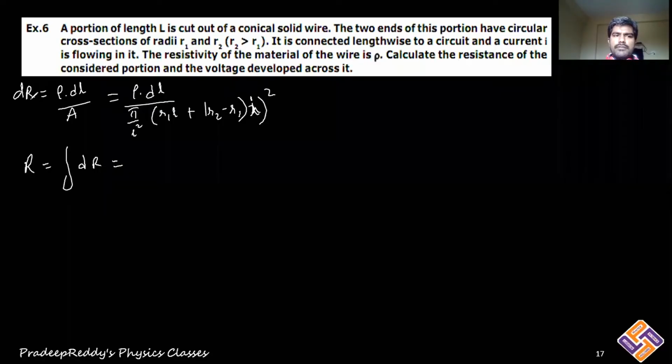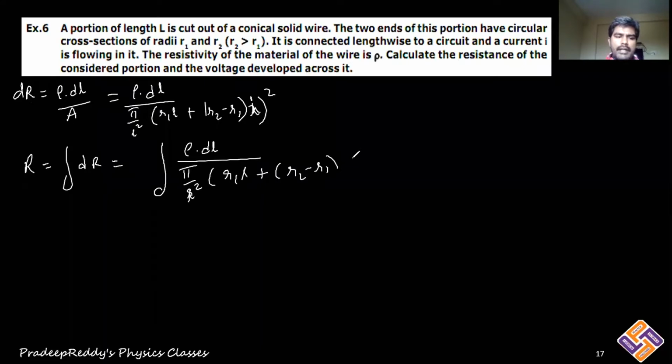So students, we are finding dr first by substituting the area of cross section, and dl is the very small elemental length. Now take this dr and substitute it within the integration. It is rho into dl divided by pi by L square into (R1 L plus (R2 minus R1) into L dash) whole square. Now constants you can bring out: rho, and this L square goes to the numerator, and divided by pi comes out.